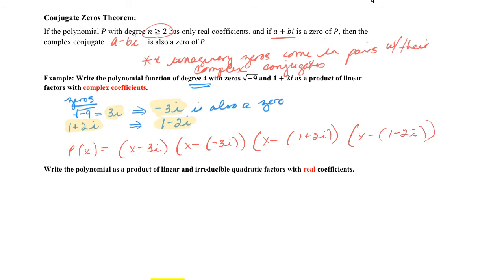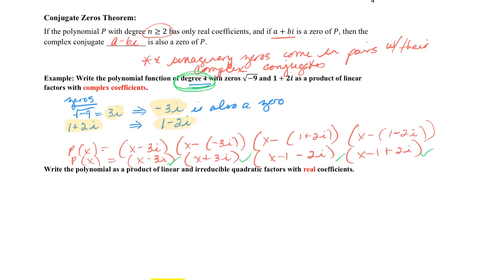You can leave it like that if you want, or if you want to distribute the negatives and clean it up, p(x) will equal (x - 3i)(x + 3i)(x - 1 - 2i)(x - 1 + 2i). It's a 4th degree polynomial, and I have 4 separate factors.